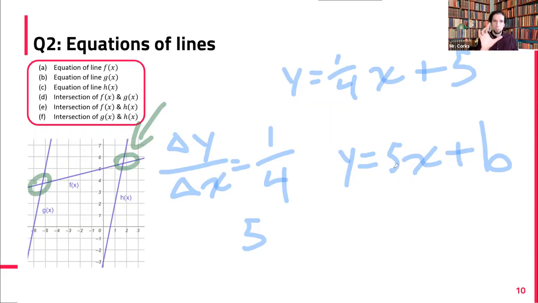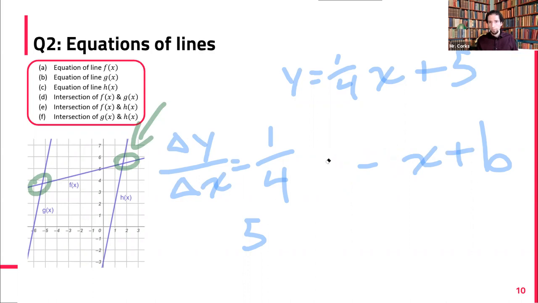So 2 equations, 2 unknowns. That's a pretty simple system of equations to solve, substitution or elimination, and you can figure out the exact point of intersection of those 2 for D and E.